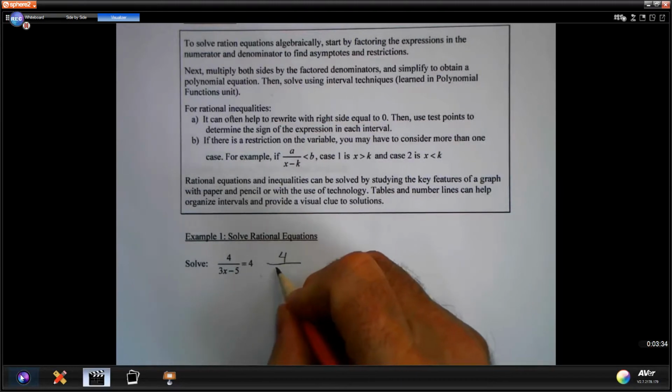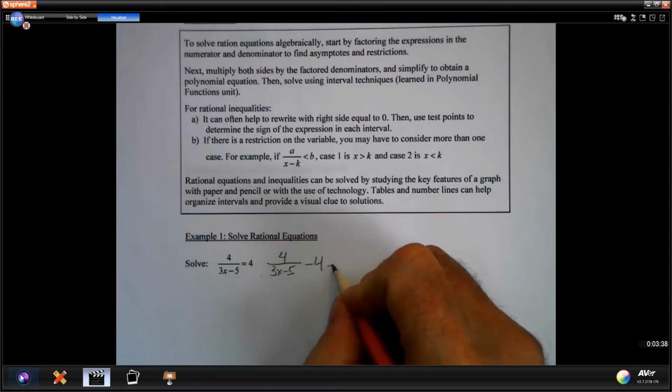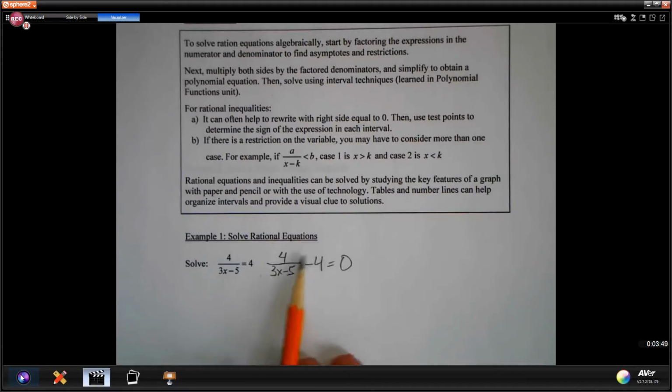So I have 4 over 3x minus 5, and then subtract 4 equals 0. So I've got my first objective, get a 0 here. Now I don't want two terms here. I want one rational expression equal to 0, and then we're pretty set to go from there.